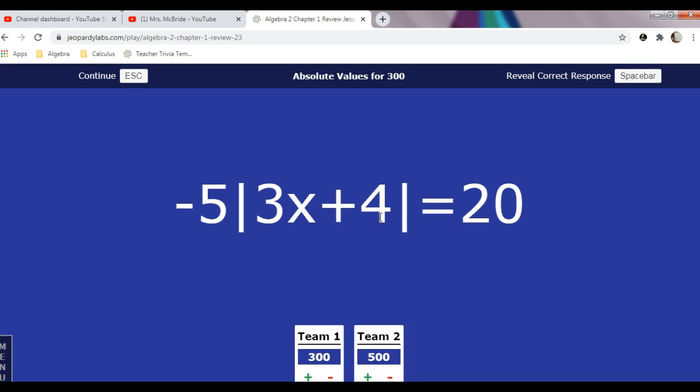Much better answers. However, what do we have to do with an absolute value? Check it. Make sure they both work. So you plug back into your original. Absolute values need checked.